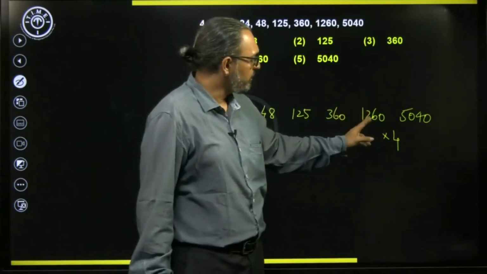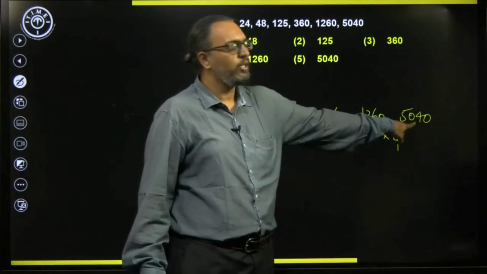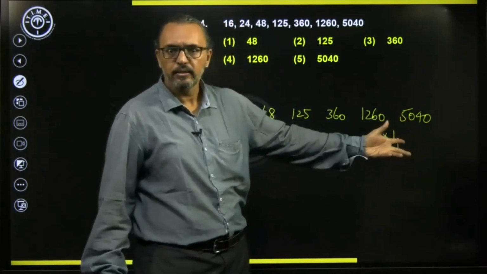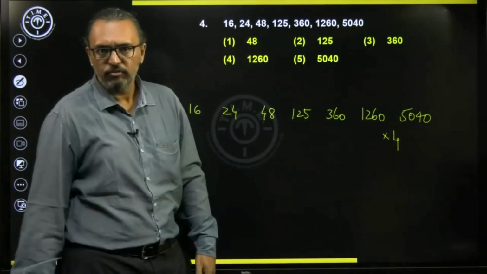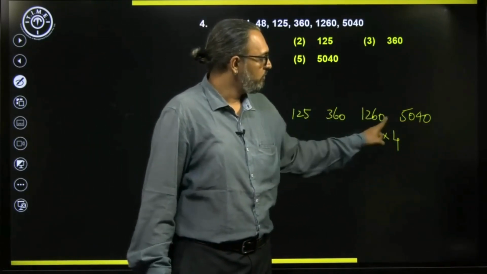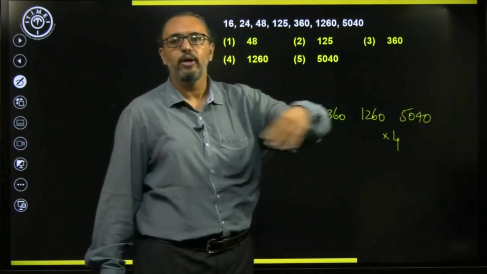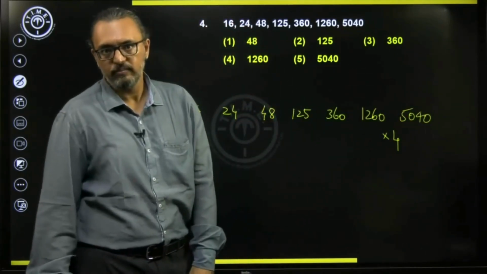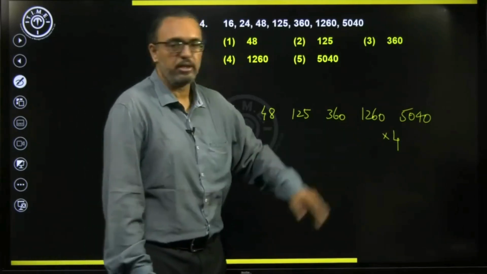So another 1 into 4 you get 4, 504. That's the idea. 126 into 4, you need to add 4 more to that 500. So 5040. So into 4 works.